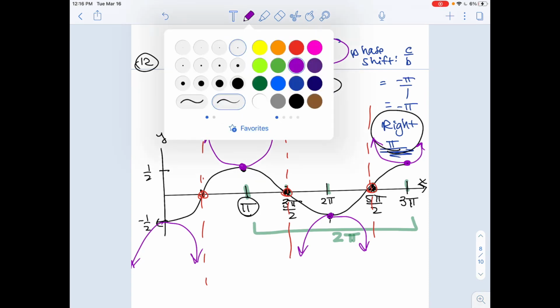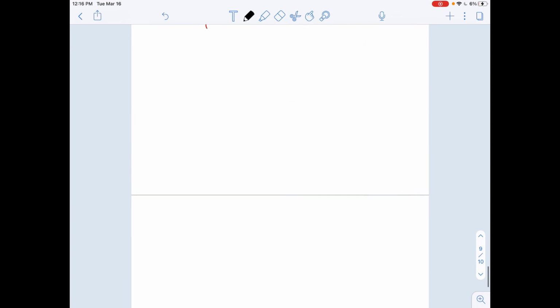All right, let's do number 13. Now 13, if you noticed in the directions, I actually had to modify that equation a little bit, only because we didn't really do a whole lot with something called horizontal reflections. So I wanted you to change it from negative 2x or minus 2x to positive.